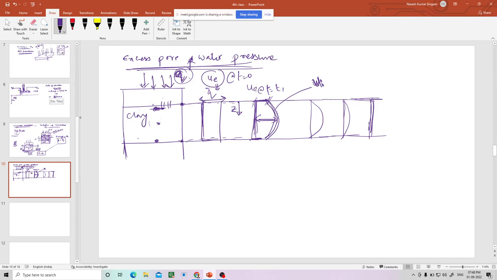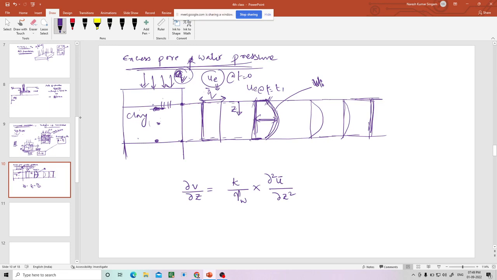That is the partial differentiation of the velocity, equal to the double derivative of the excess pore water pressure with respect to depth.